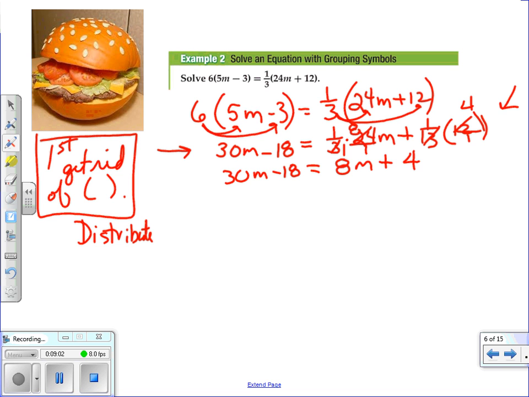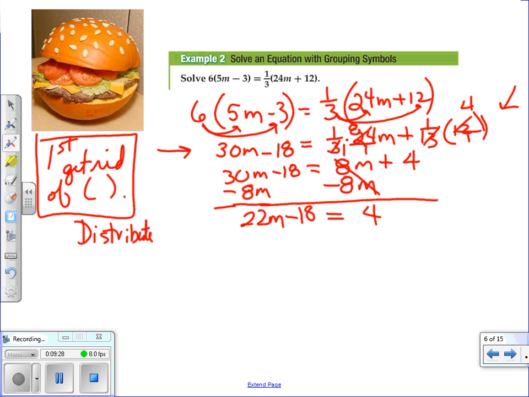Now I combine my like terms. I'm going to get the variables all on one side. So I'm going to go minus 8m, minus 8m. Those cancel out. That leaves me 4 over here. 30 minus 8m is 22m minus 18.